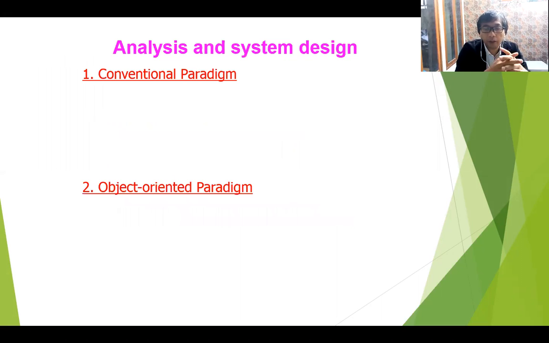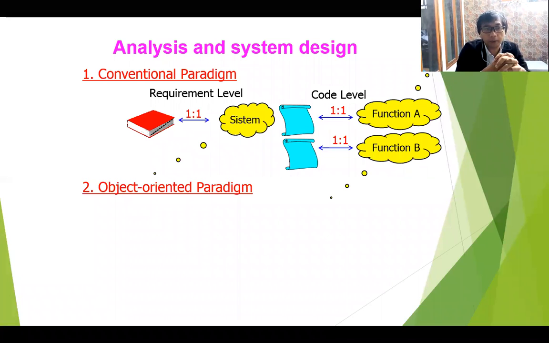For the conventional paradigm, the usual step that is conducted by the programmers and the analysts would be like you want to create something, and from it the system will be reconstructed.